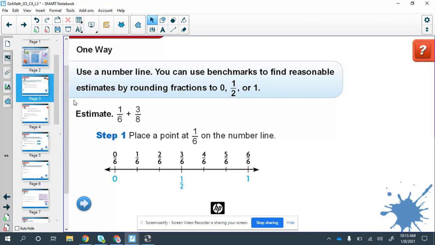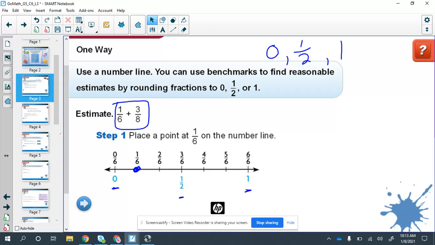So here's our number line, and you can see that on our number line we've identified our 3 benchmarks, and our benchmarks are 0, 1/2, and 1. So if we look at this number line and we look at our problem, which is 1/6 plus 3/8, we're going to mark one of these on our number line.